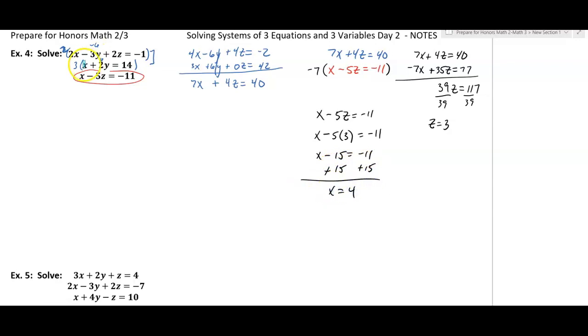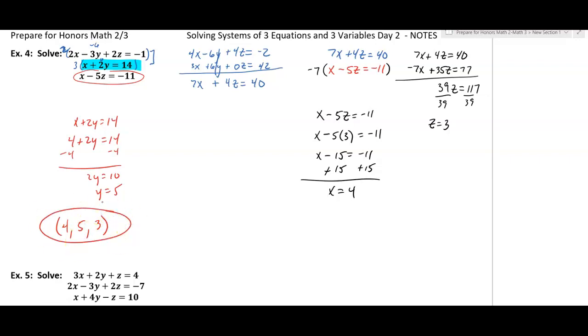Now, if I take the x value and plug it in, x plus 2y equals 14. So if x is 4, subtract 4, 2y equals 10, y equals 5. And my ordered triple for the solution here would be x is 4, y is 5, z is 3.